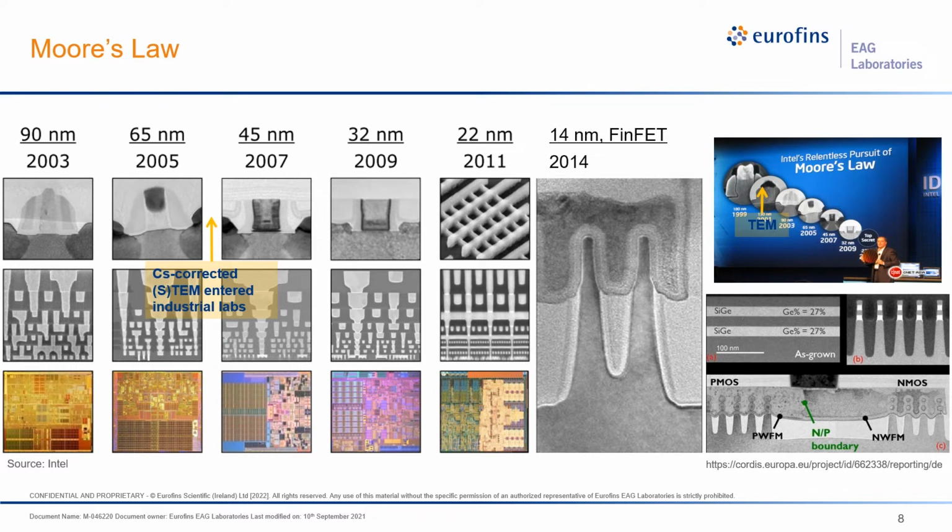Especially, for example, for this technology, in 2003, Intel first introduced the silicon germanium material, and then about 2006, 2007, you got the high-K metal gate technology, and later on, the device is getting more complicated, and then you get the 3D FinFET type of device. And then for the future, of course, you get the so-called gate-all-around technology. It is basically a very complicated device structure.